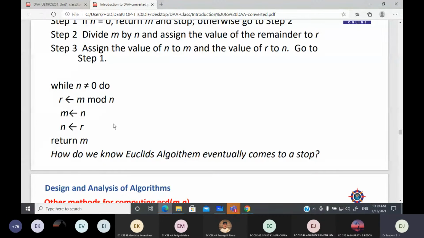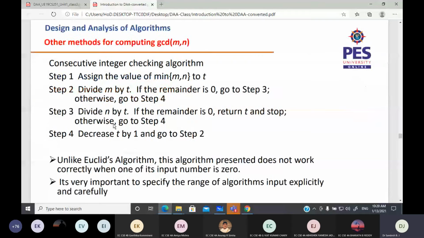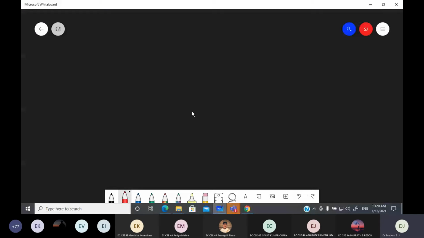Obviously, such a common divisor cannot be greater than the smaller of these numbers. So in the next algorithm, our consecutive integer checking algorithm, we are trying to take the minimum of the given two numbers.